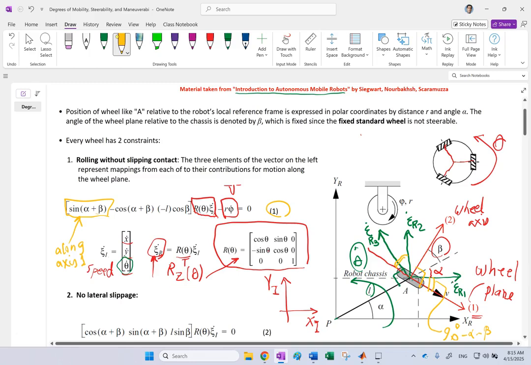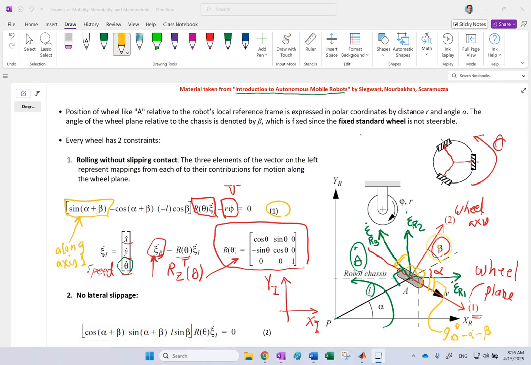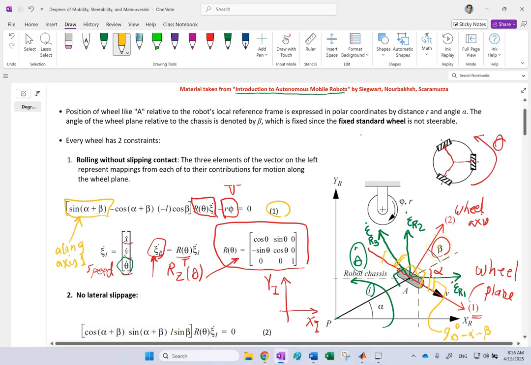Well, what is that angle based on what you know? Here, you can see that this angle is 90 degrees, correct? And this is beta, right? That is going to make this angle beta.